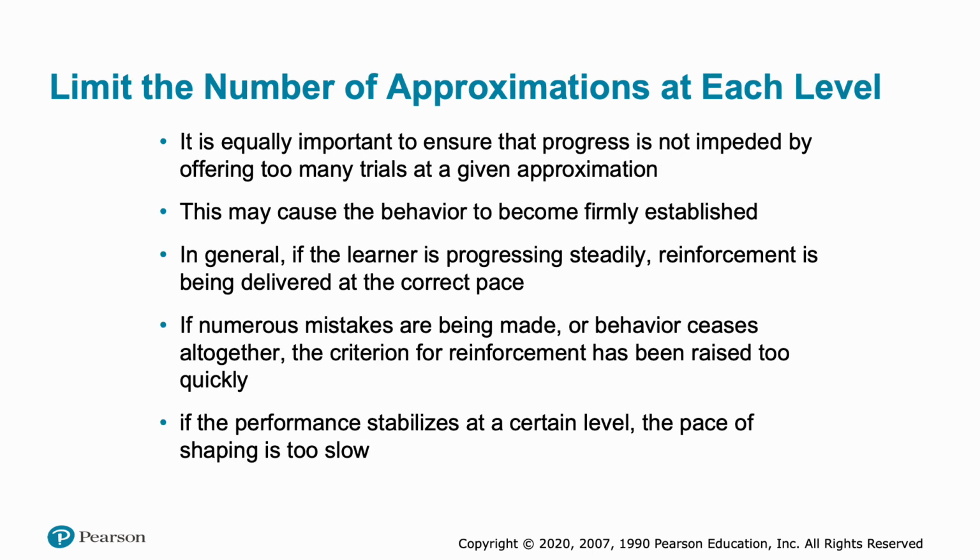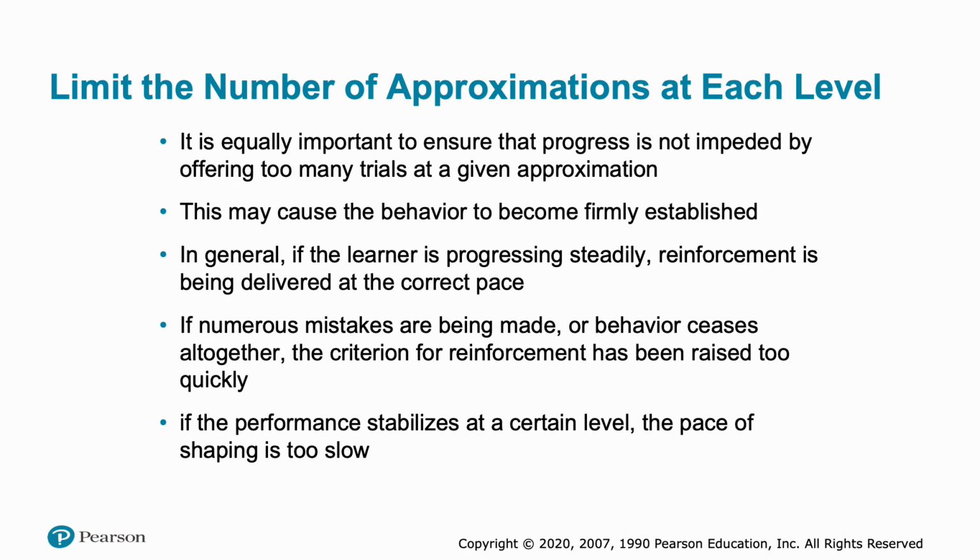Now let's dive a little bit deeper into, how do we know that we're at the appropriate level? How long do I stay at this level for? How do I know when I'm supposed to move on, etc.? Okay, so it is equally important to ensure that progress is not impeded by offering too many trials at a given approximation.